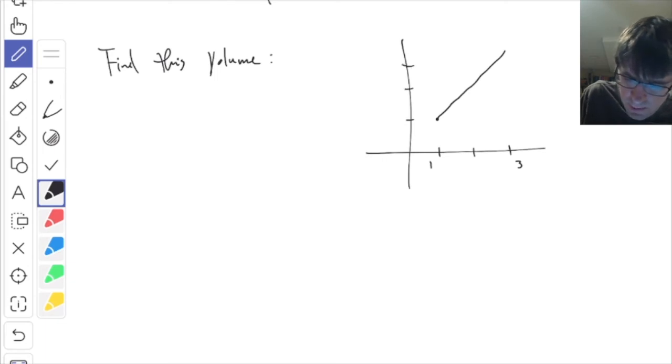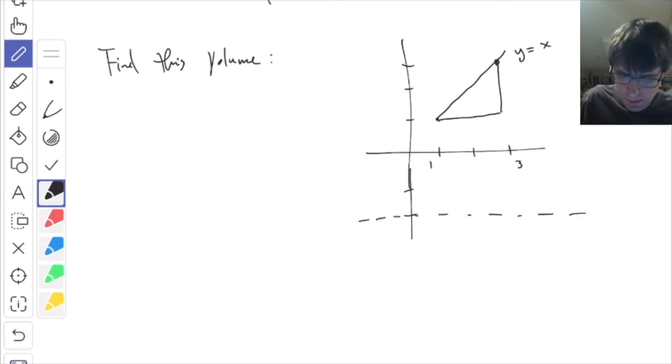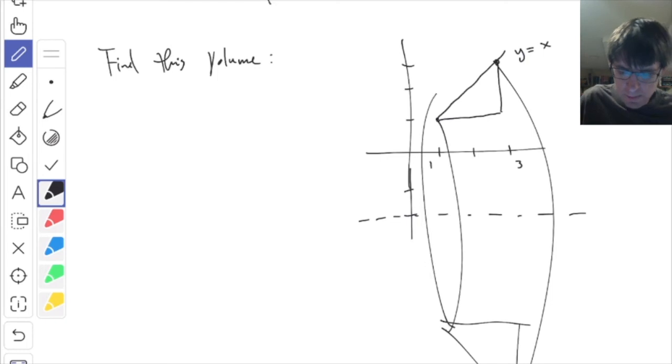This is a line, y equals x. I want this shape spinning around this axis. So it's a similar kind of Christmas tree holder or something, but a little bigger, maybe wider.